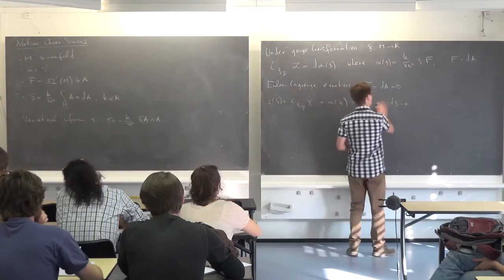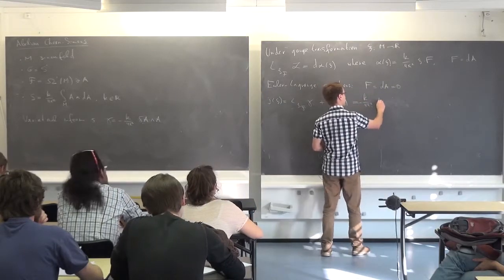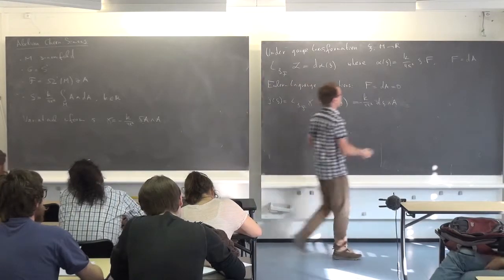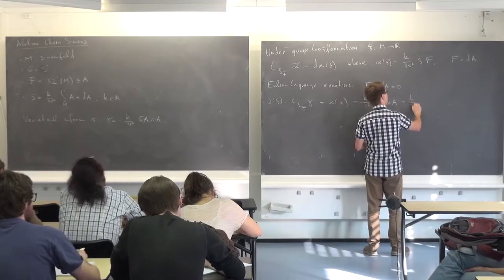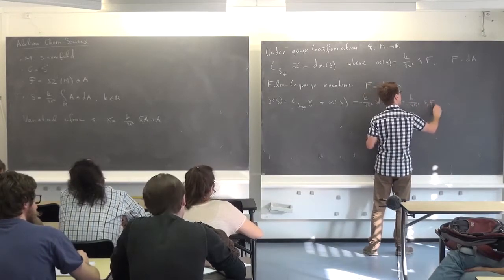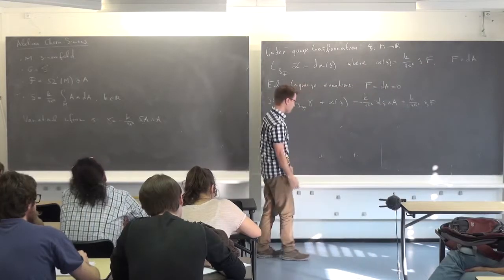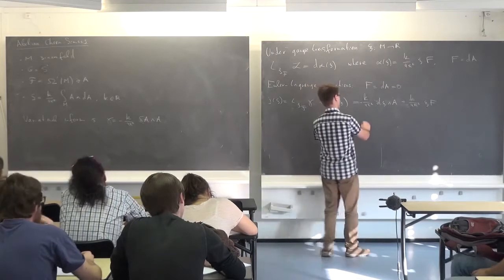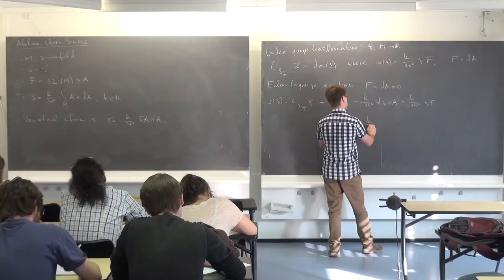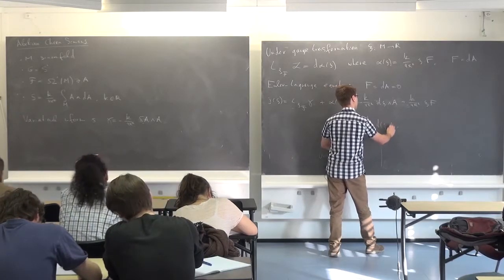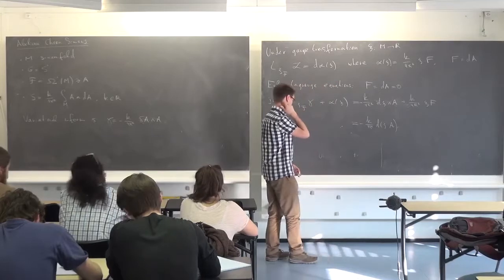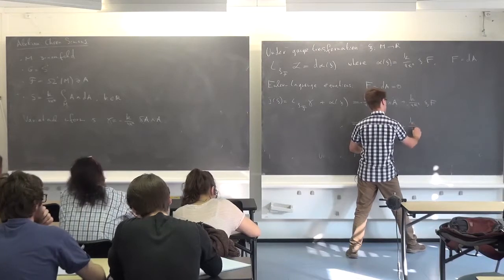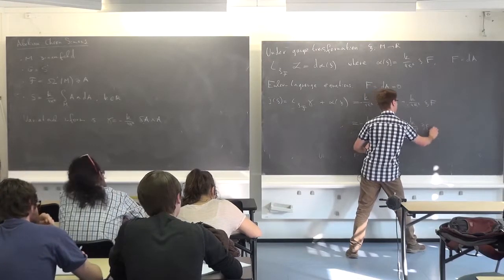Okay, so then here you're going to have minus d psi wedge A. And then from alpha, you get k over 4 pi squared psi F. So again, you can integrate by parts. So you can write this as minus k over 4 pi squared d psi A. And then from the second term, you'll get plus k over 4 pi squared psi F twice.